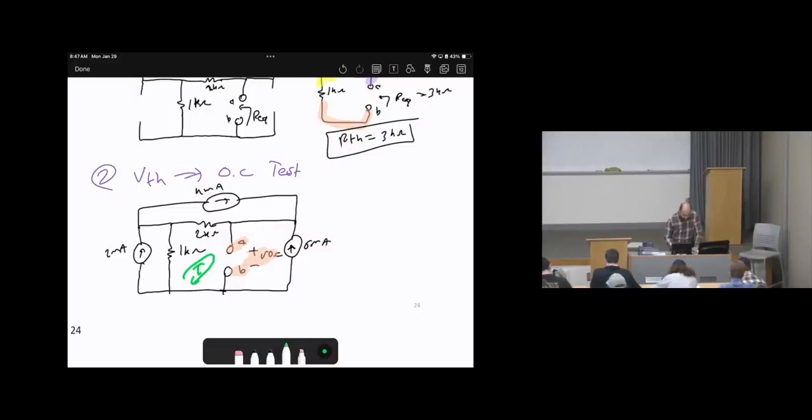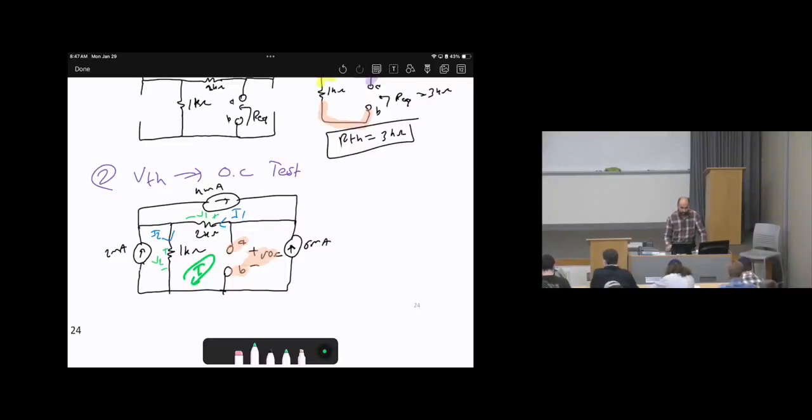So let me label the voltages and label the currents. I'm going to assume the current here as I1, the current here as I2. Then basically we will say about the voltages here plus minus V1, here plus minus V2.